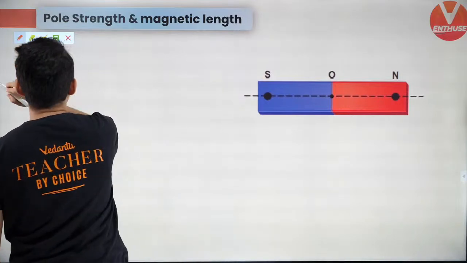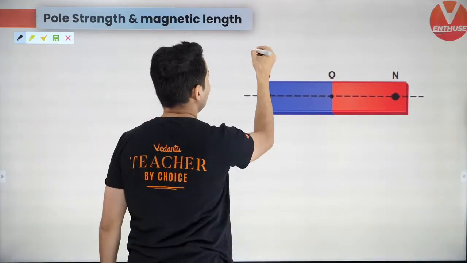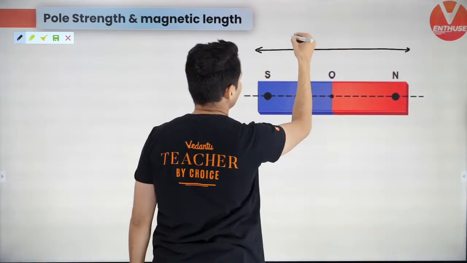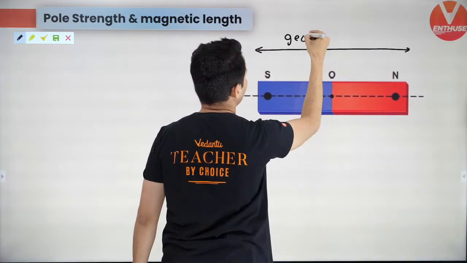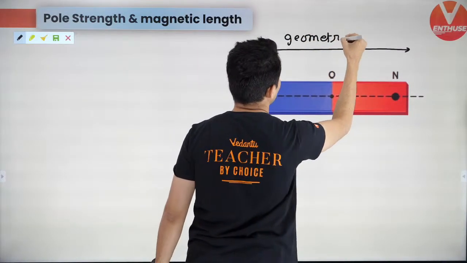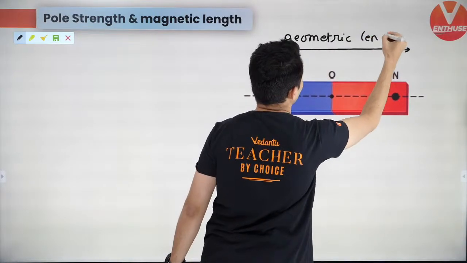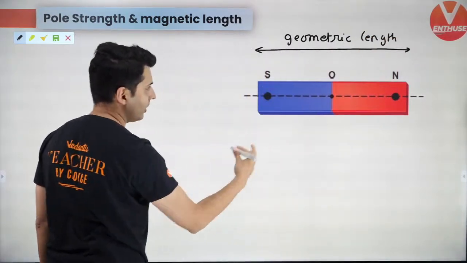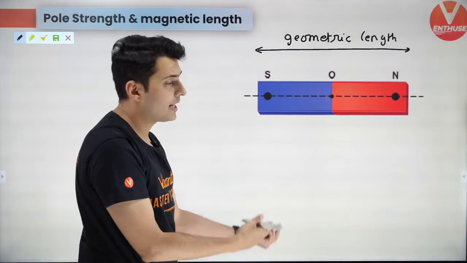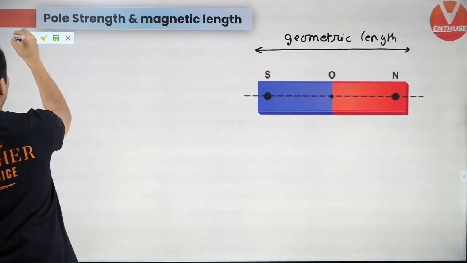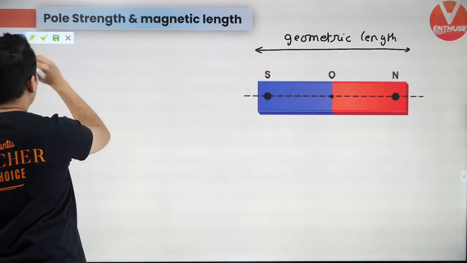The answer is no. In fact, the length of the magnet is called the geometric length. It has been found by drawing various field lines, diagrams, and putting iron filings and stuff like that and comparing.